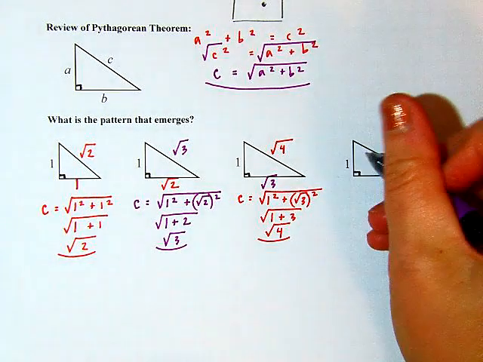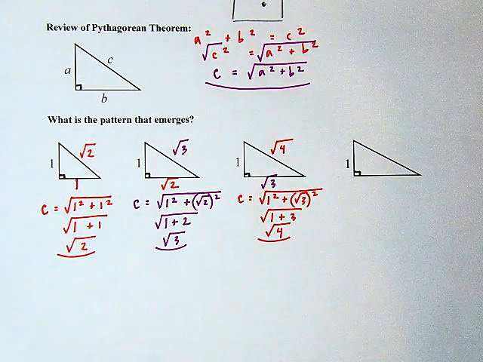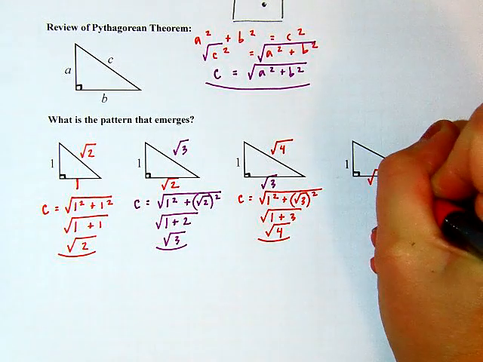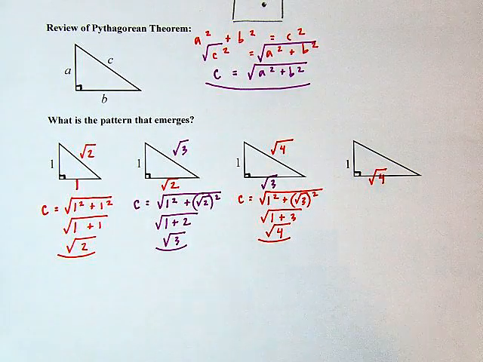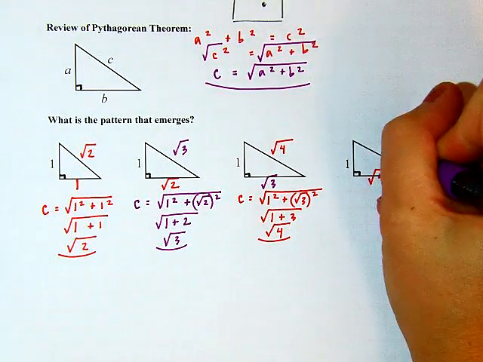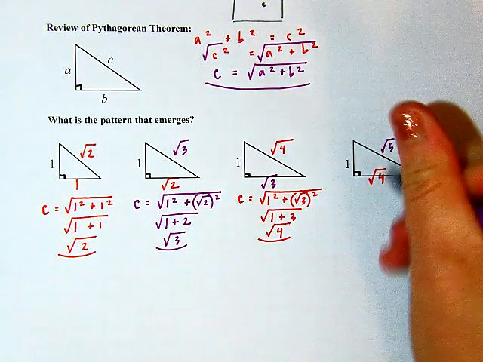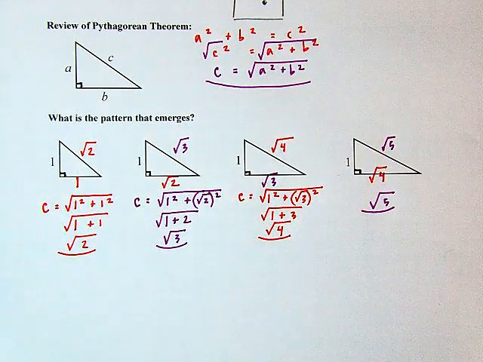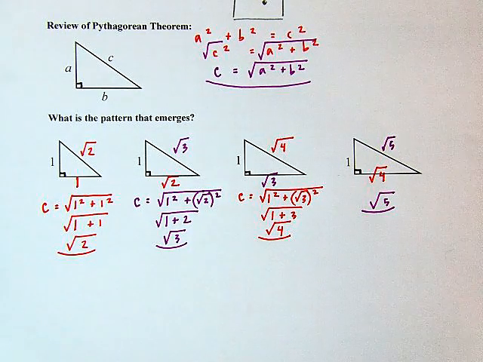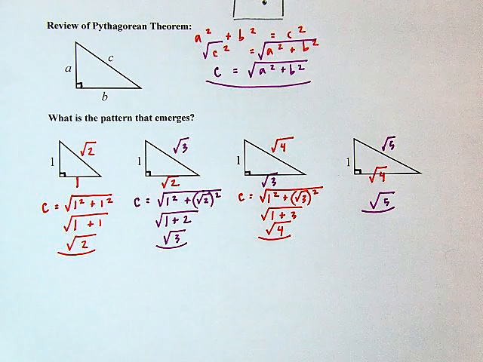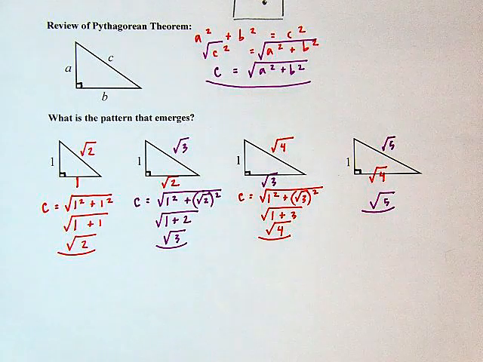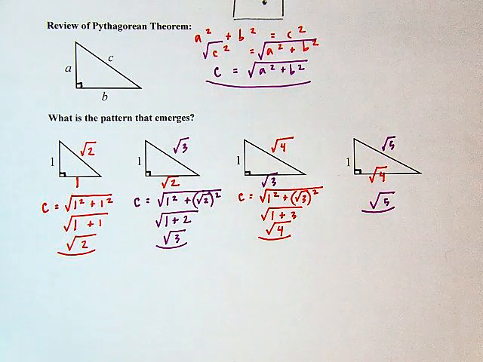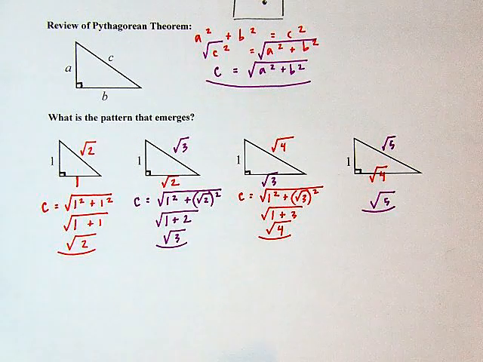So I'd have a root 4 right here. I see my pattern, and I'd have a root 5 right here for my next hypotenuse. Root 5 would be the next hypotenuse right there. So again, I just wanted to take you through some of the mechanics of the pattern that's emerging in our spiral.